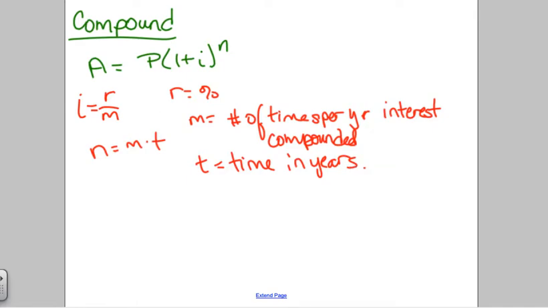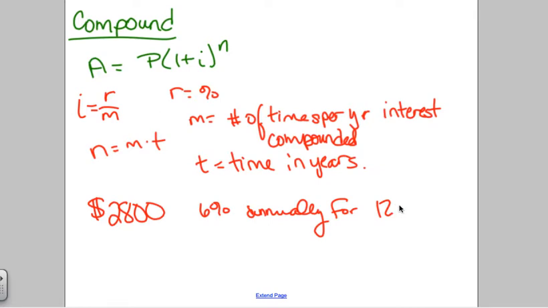So, for example, if I want to find the compounded interest amount for $2,800 at 6% compounded annually for 12 years. I'm going to have an I of 0.06 divided by 1, because annually means my M value is 1, and an N of 12.